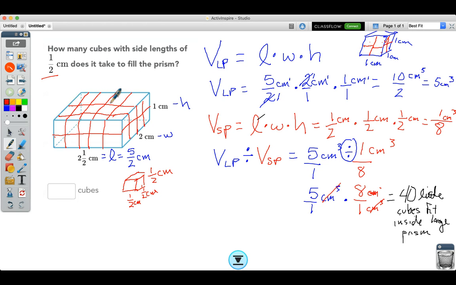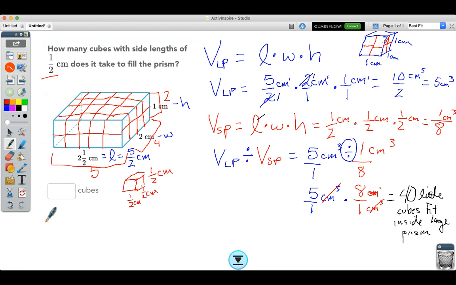So what you'll find is that you'd fit 5 small prisms along one dimension, 4 small prisms along another, and 2 small prisms high.